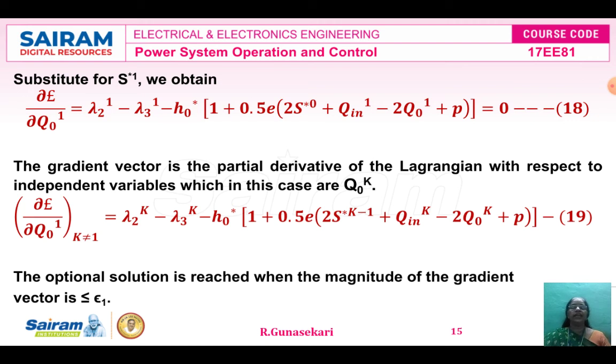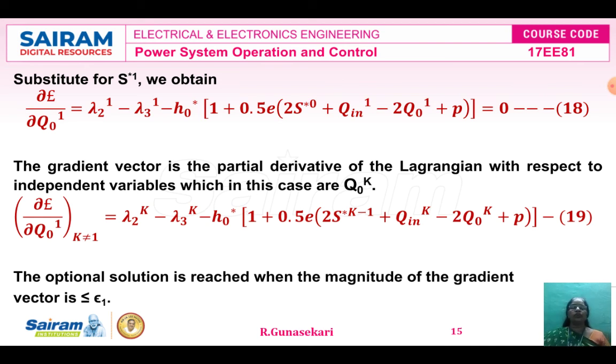So the gradient vector is the partial derivative of the Lagrange function with respect to the independent variables. Independent variables means k equal to 2 to n only, so it is nothing but q0k, our water discharge in the kth time interval. So ∂L/∂q0k, where k is not equal to 1.